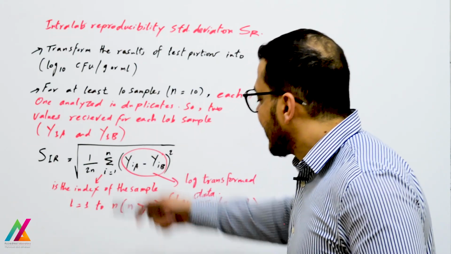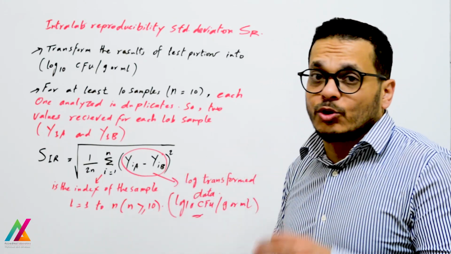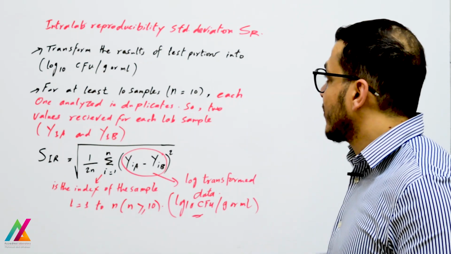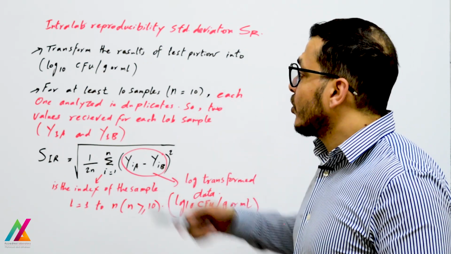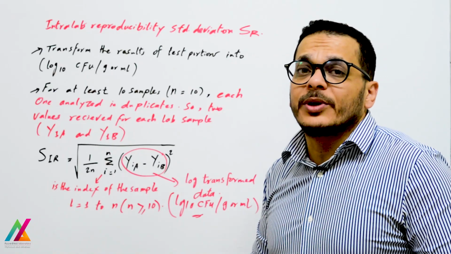And these results will be log transformed data, not the colonies counted, but you will transform the colonies counted from CFU per gram or ml to log 10 CFU per gram or ml.